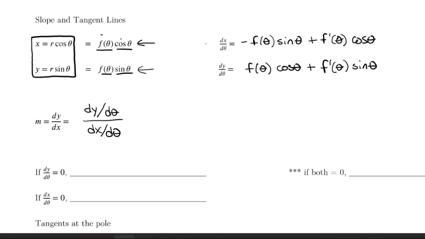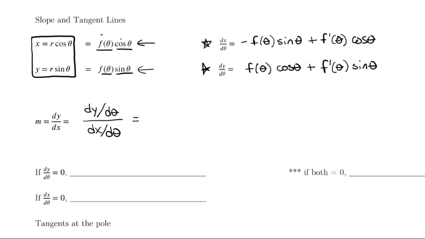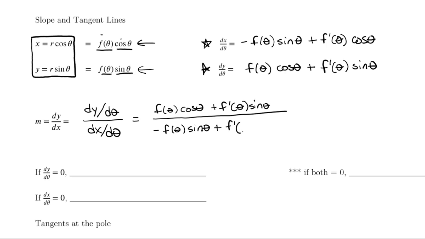And if we are substituting in the little formulas up above, we get f of theta cosine theta plus f prime theta sine theta divided by negative f of theta sine theta plus f prime theta cosine theta.